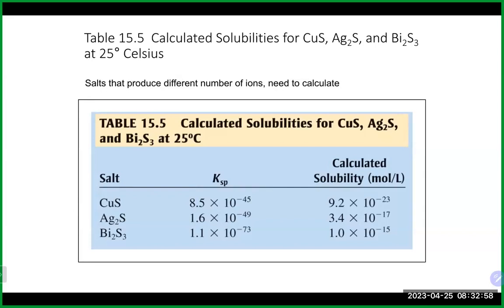For example, if we were to compare these 3 here, this one would break apart into 2 ions, this one would break apart into 3 ions, and this one would break apart into like 5 ions right here. So in this particular case, if we tried to use the Ksp values to determine which one should be more soluble versus another, we would choose the top one as being more soluble based off of the Ksp values.